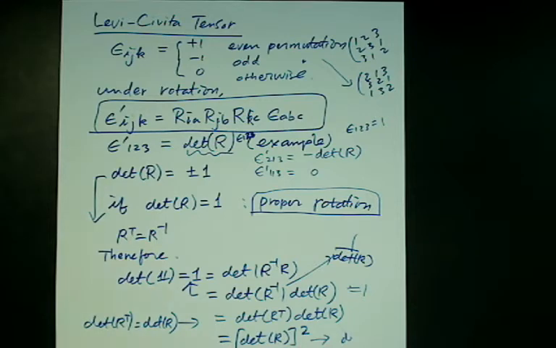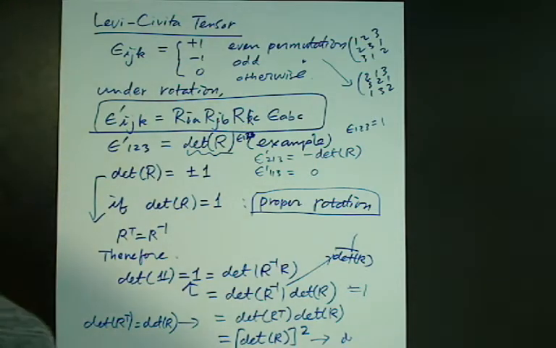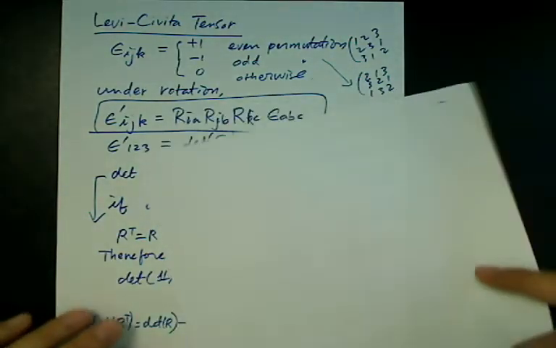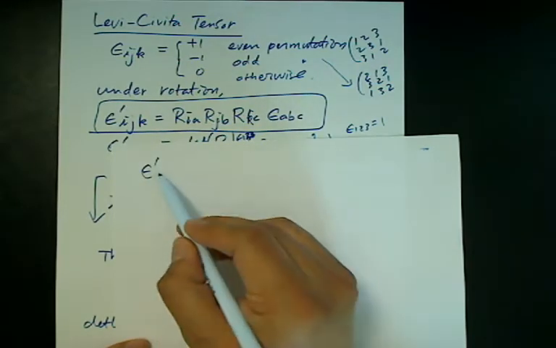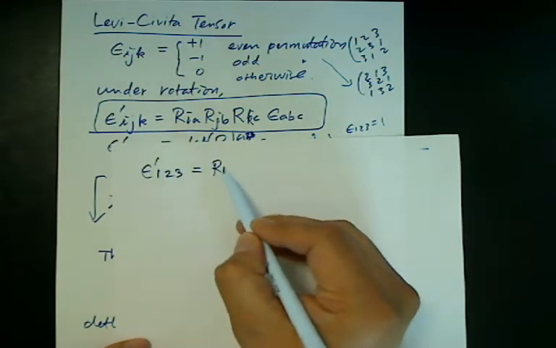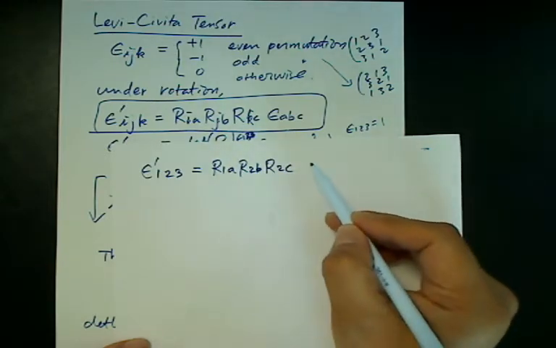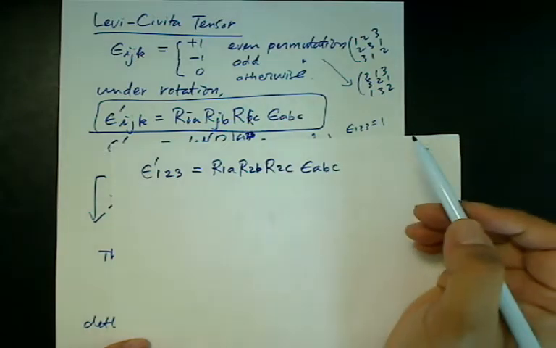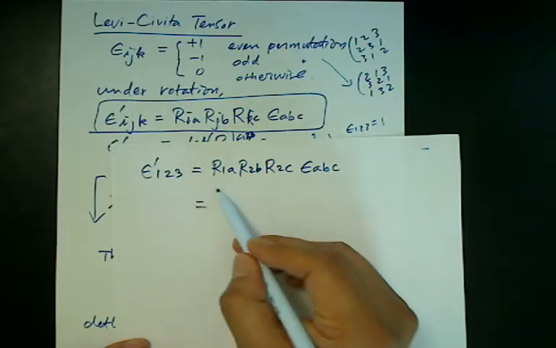So let us first consider epsilon prime 1, 2, 3. Epsilon prime 1, 2, 3 is R_1A, R_2B, R_3C, epsilon_ABC. Right? This is actually the determinant.